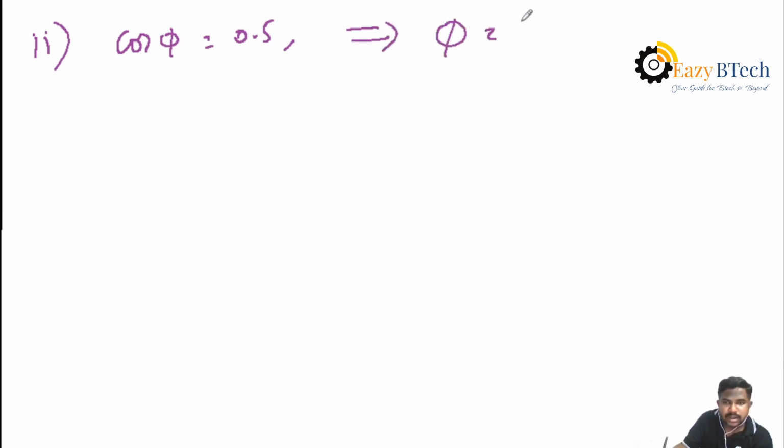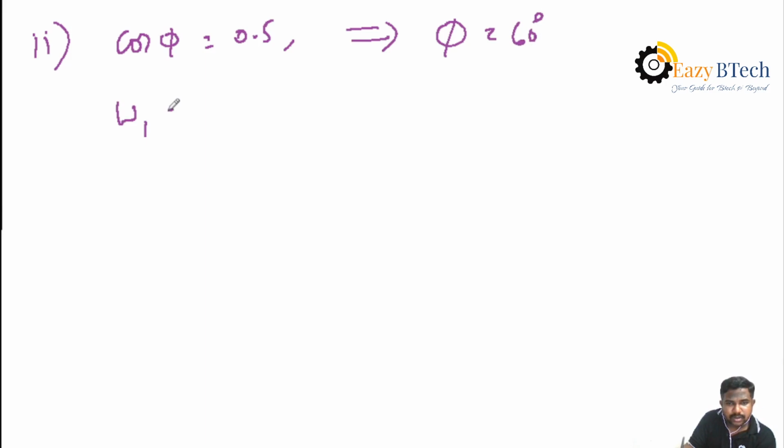Similarly, in the second case, when the power factor value is 0.5, that is 1 by 2, the power factor angle is 60 degrees.